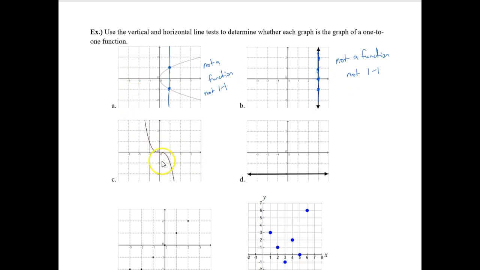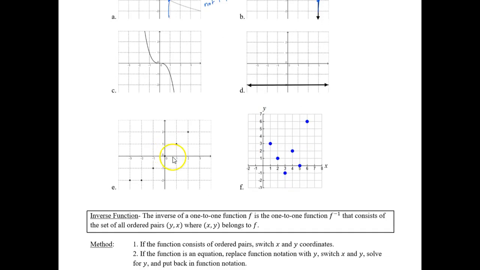Alright, C here. I'm looking at vertical lines. I don't see any vertical lines where it's going to hit more than one point. Looking at horizontal lines, the only one that's kind of iffy is here. But it's not. It's only going to hit it at one point going through that axis.